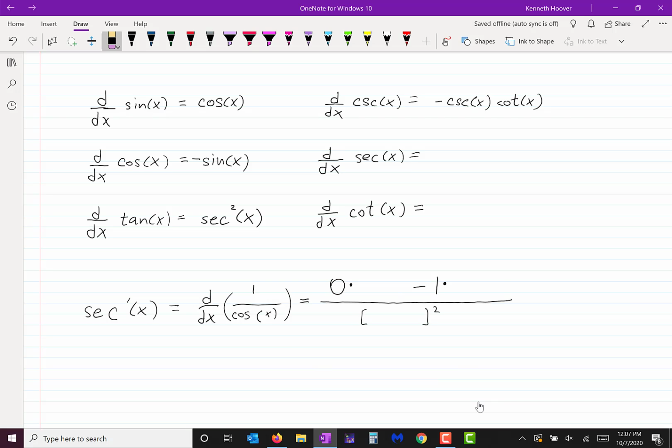So we will have the derivative of the top times the bottom minus the top times the derivative of the bottom over the bottom squared.